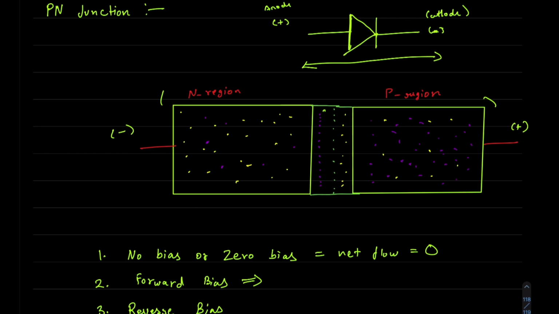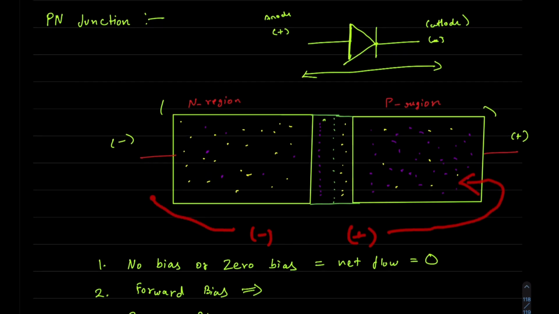This voltage will push these electrons towards the P region, and it gives them the energy to cross over and combine with the holes being pushed in the opposite direction towards the junction. So the positive terminal pushes the holes, the negative terminal pushes the electrons, and these start combining together.